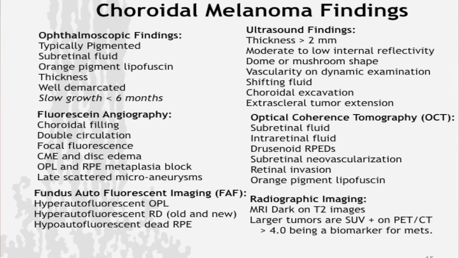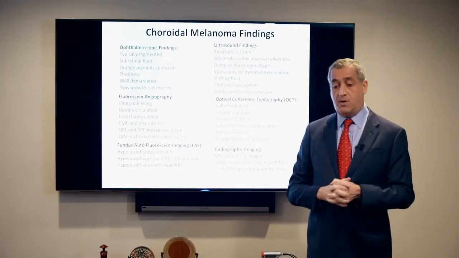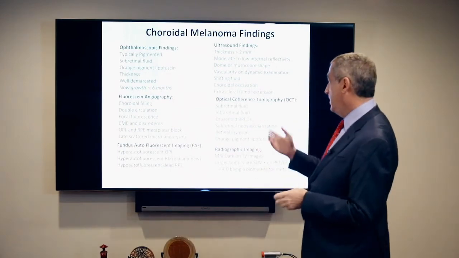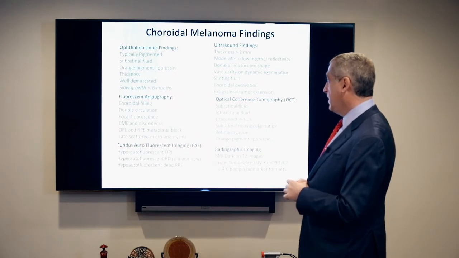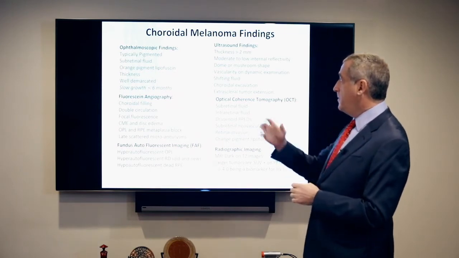Some of the newer tools that we have. So I sat down and tried to figure out what were the most common findings of all these tests that we can currently do for choroidal melanoma. And I came up with this. Oh my. So now we have ophthalmoscopic findings.